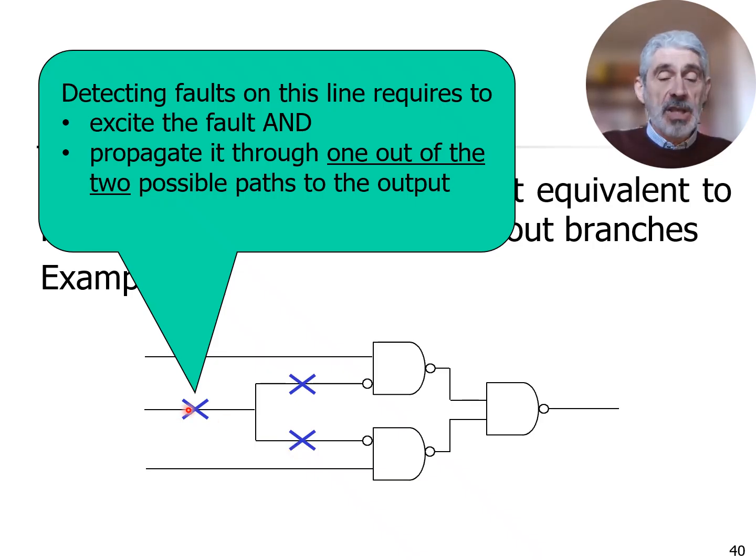However, the conditions for propagating a fault on the stem are different than those for propagating the faults on the branches. Why? Because for the stem, there are, in this case, 2 possible paths going towards the output. On the other side, on the 2 branch lines, you only have 1 path.